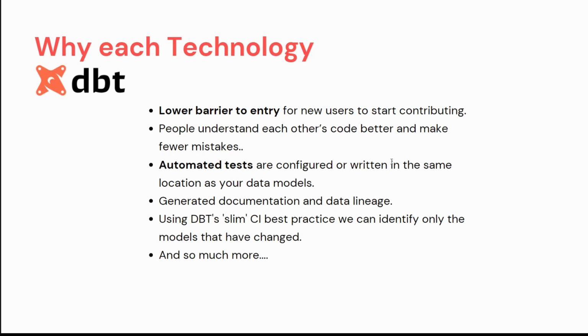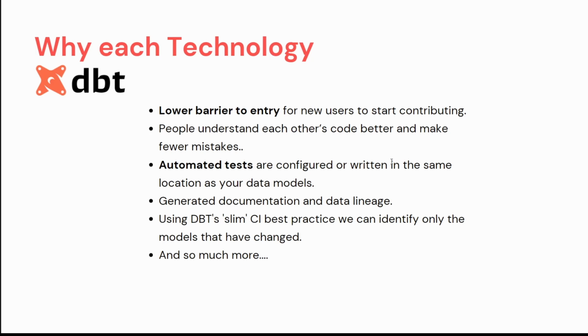dbt is a tool which lowers the barrier to entry for analysts and developers to start contributing to your project and applying software best practices under the hood, such as being able to write automated tests exceptionally easily, keeping track of all of their documentation and lineage changes. With a consistent way of creating your models, you're able to understand each other's code and make fewer mistakes along the way.